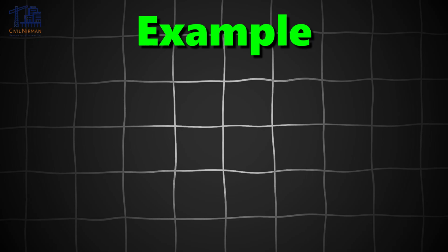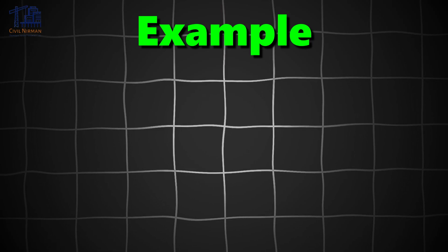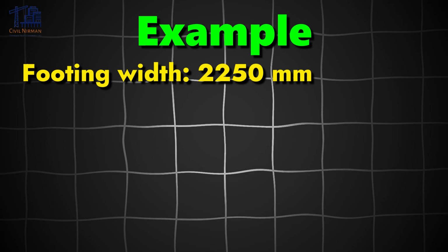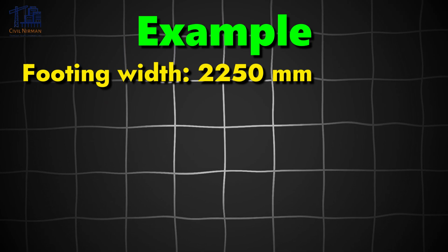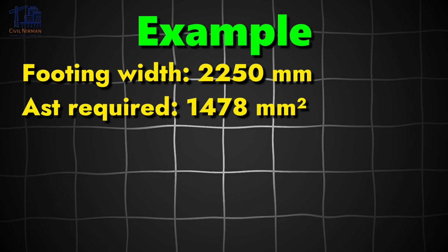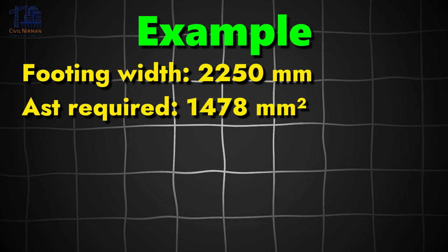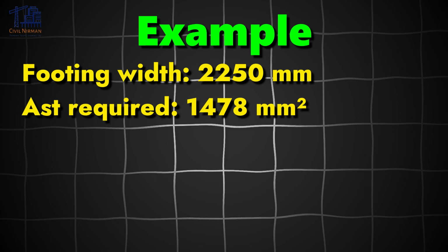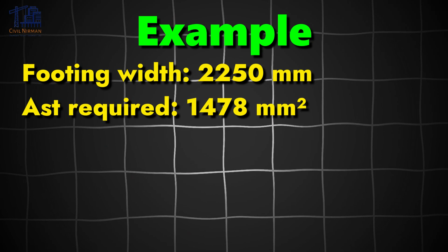Let's first understand through a small example how AST is calculated in RCDC. Let's say for this particular footing, the width is 2.25 meter, if I convert this in mm, it will be 2250 mm, right? For this, AST required will be, let's say, 1478 mm square as per your question, and reinforcement provided is 12 at 175 mm.